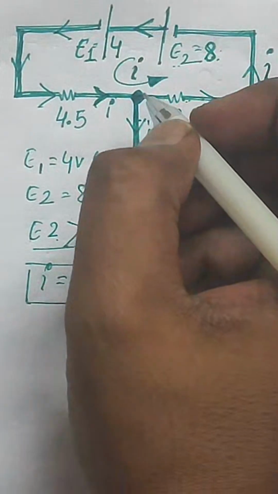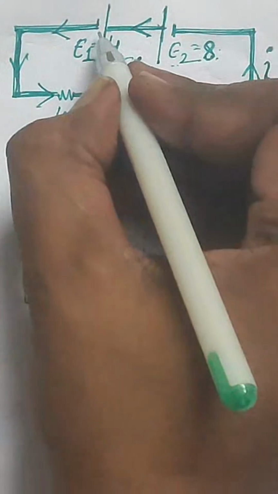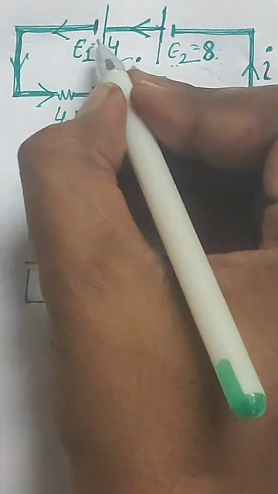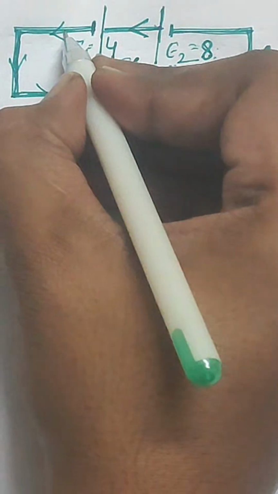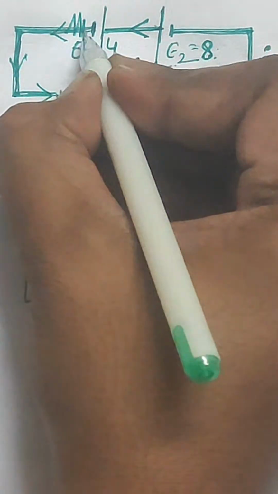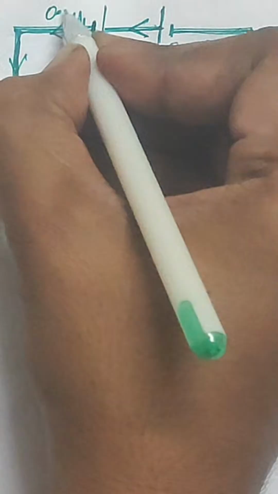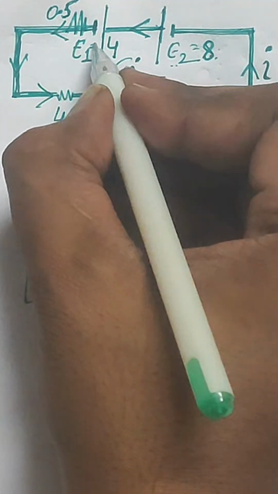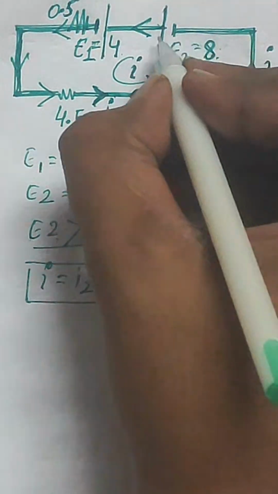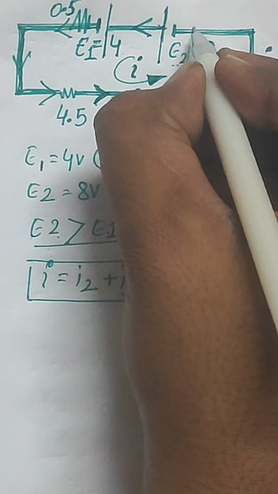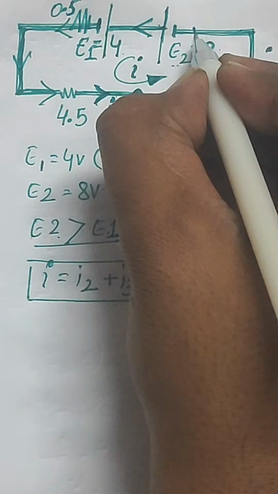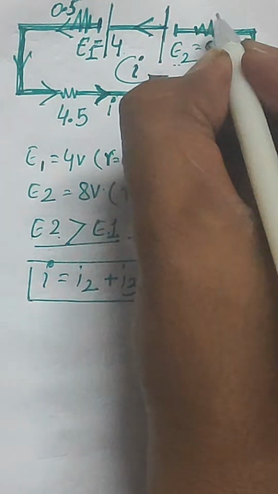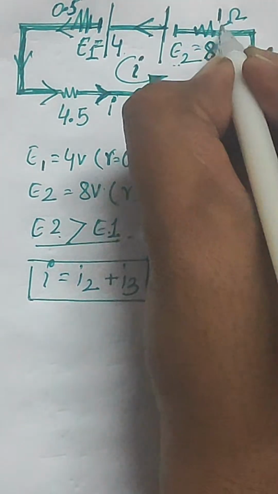What is the meaning of internal resistance? It means some resistance within the battery. So let us represent it over here: 0.5 ohm for this 4 volt EMF source, and 1 ohm, as given in the question, for the 8 volt EMF source.